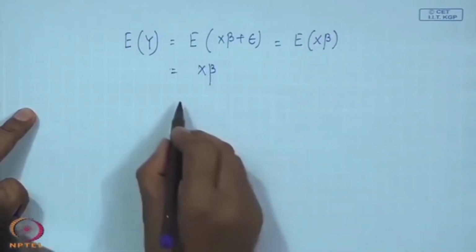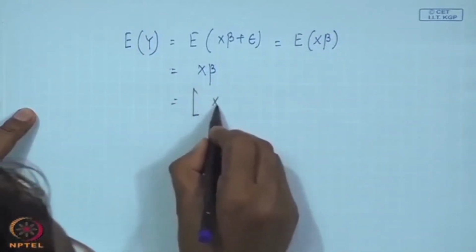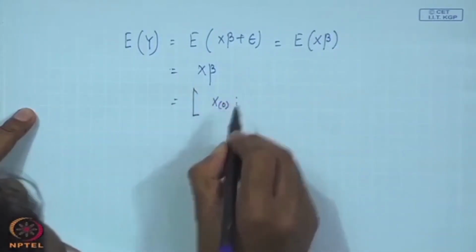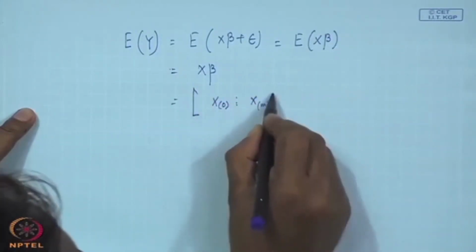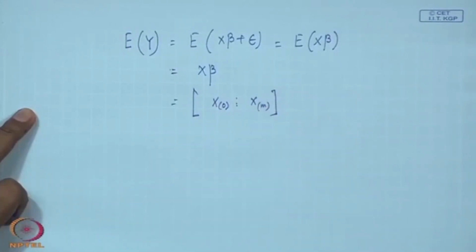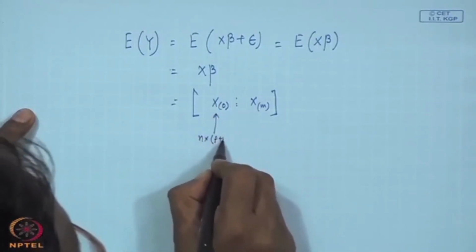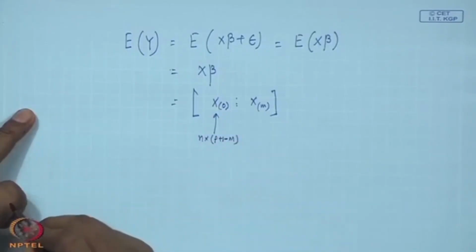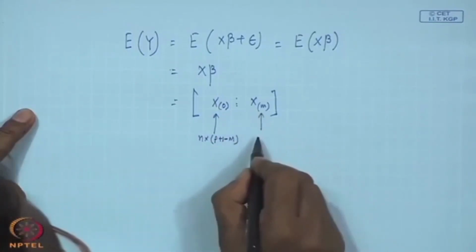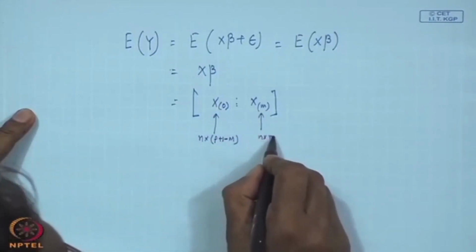Okay. If you write this like this, x0 then xm, x0 and xm, what is this? This one is n into P plus 1 minus m, and this one is n into m.